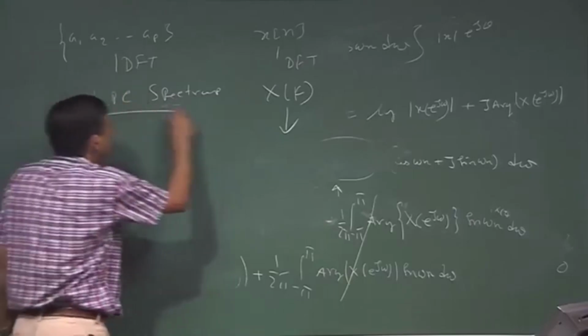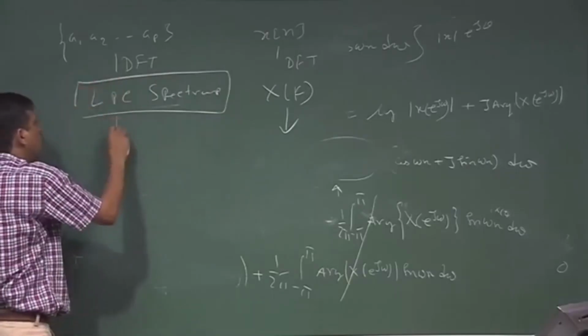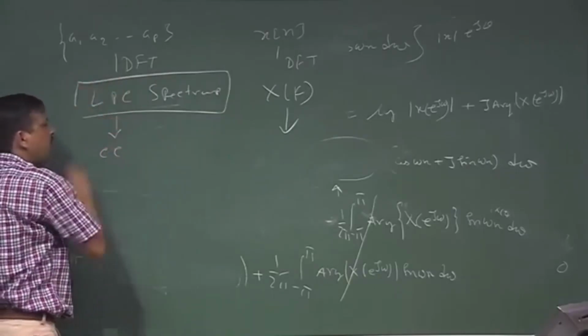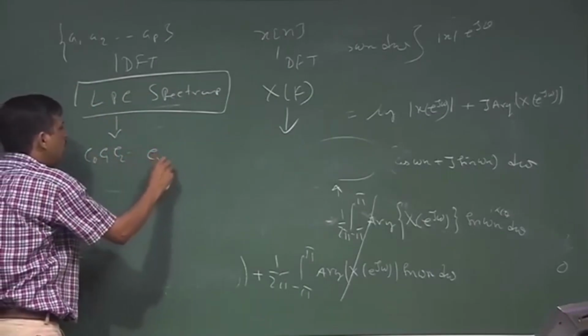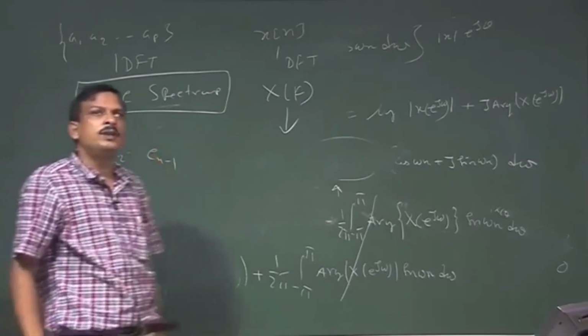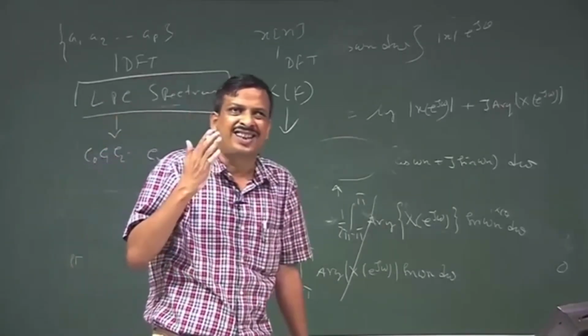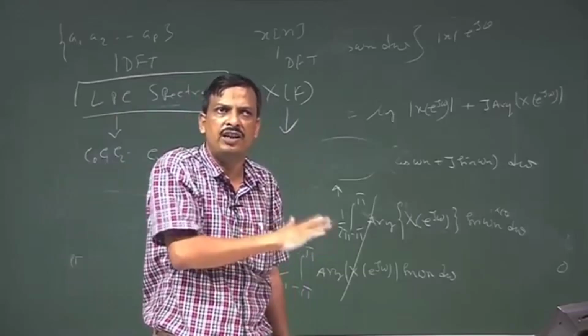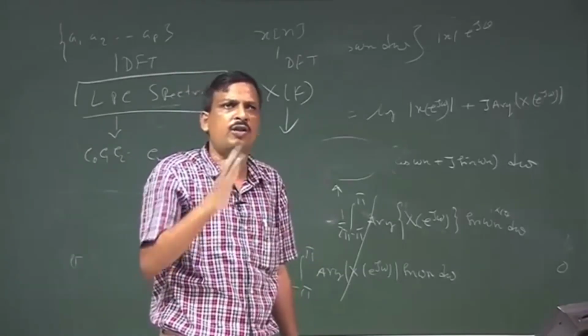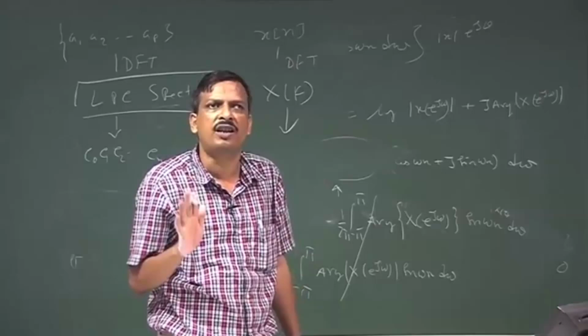I can use this LPC spectrum to compute the cepstral coefficients C0, C1, C2, up to C(n minus 1). If I use the signal spectrum, then I get the cepstral coefficient Cn. If it is the real log magnitude, then it is the real cepstrum Cn.